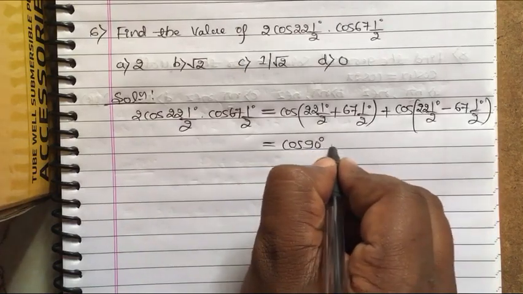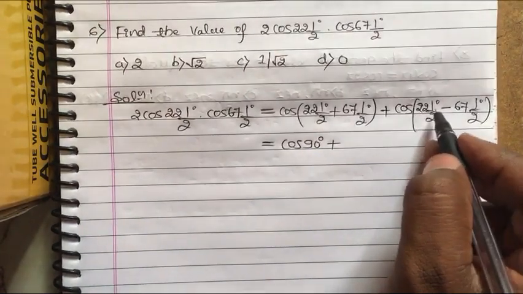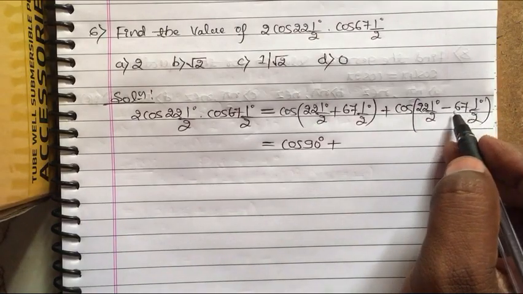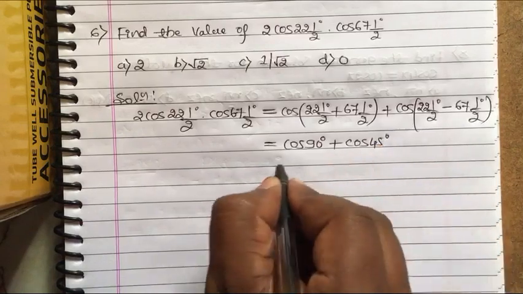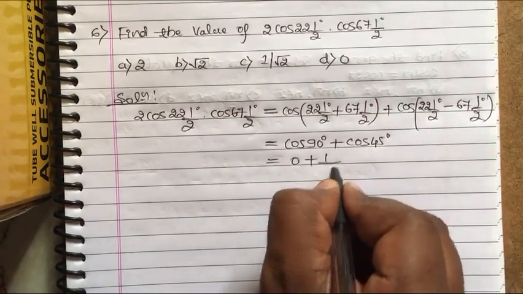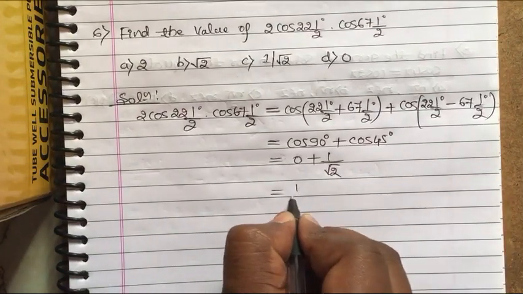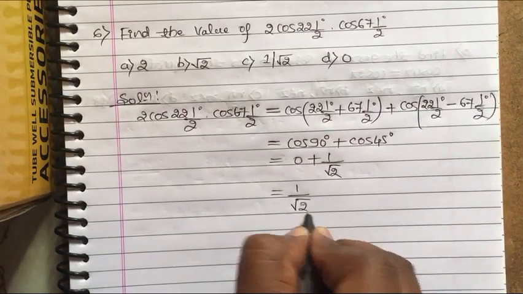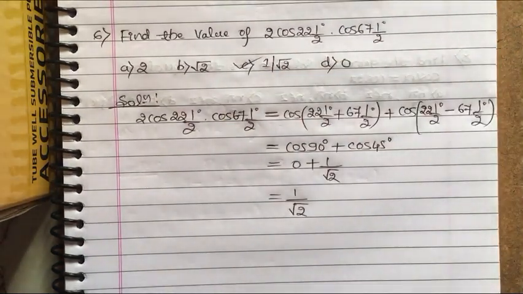It is cos 90 degree plus cos minus 45. Cos minus 45 will be cos plus 45 degree. Cos 90 is 0 plus cos 45 degree is 1 by root 2. So 0 plus 1 by root 2 is 1 by root 2. Hence the correct answer is option C.